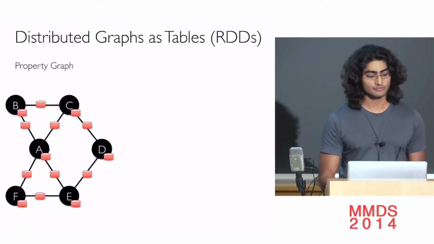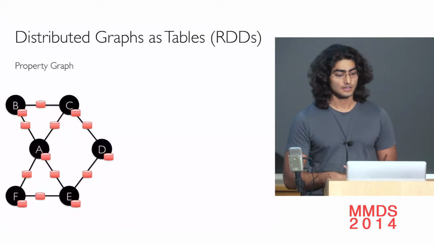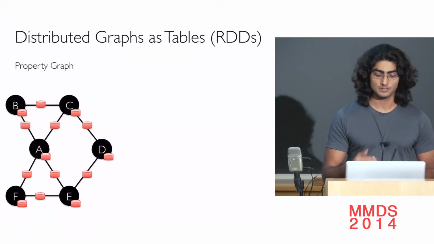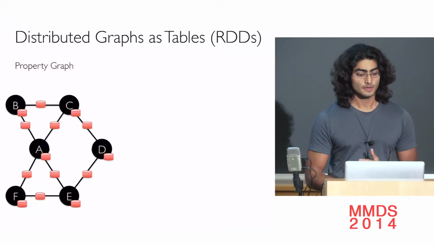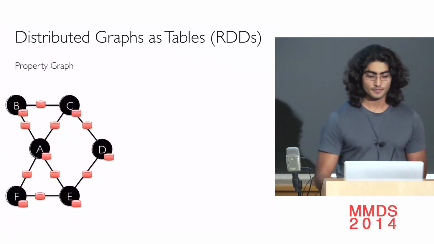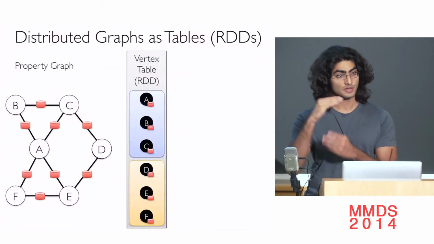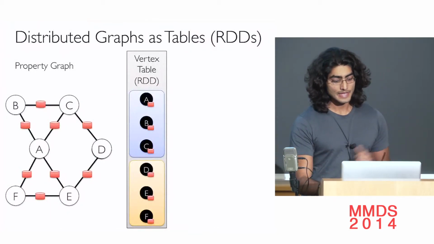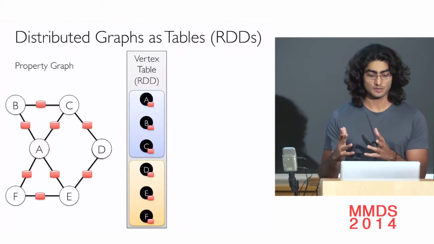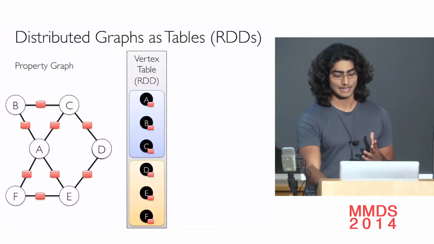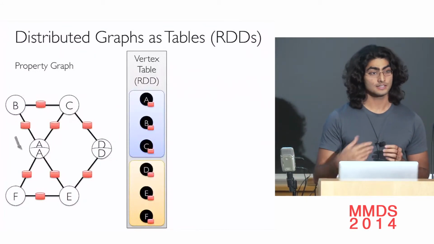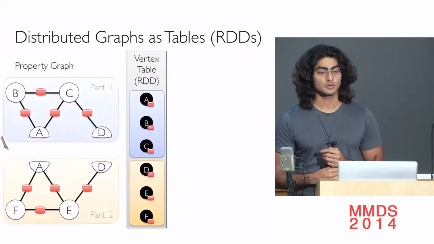All right, so GraphX, first of all, represents graphs as two distributed tables. There's the vertex table and the edge table. Vertices are stored as pairs of vertex ID and vertex attribute, and they're partitioned by vertex ID. And the edges are stored in a separate table, which implies a vertex cut layout, where a single vertex might have neighboring edges on multiple machines.